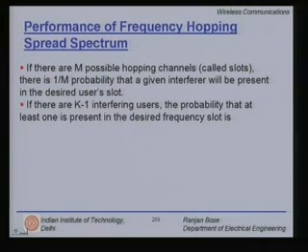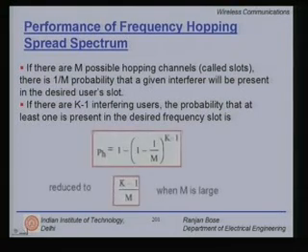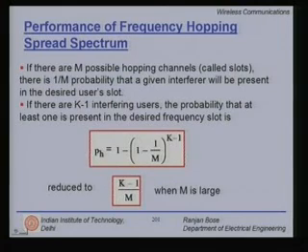If there are K minus 1 interfering users, the probability that at least one is present in the desired frequency slot is given by PH equal to 1 minus (1 minus 1 over M) to the power K minus 1. For large values of M, you can do a simple Taylor series expansion, neglect the higher order terms, and you get it as K minus 1 over M. This is the PH.